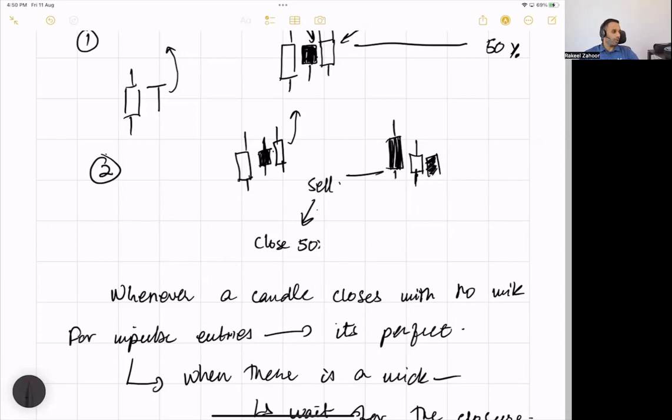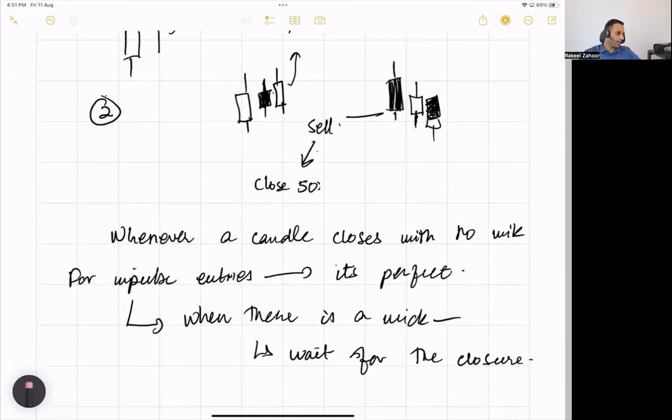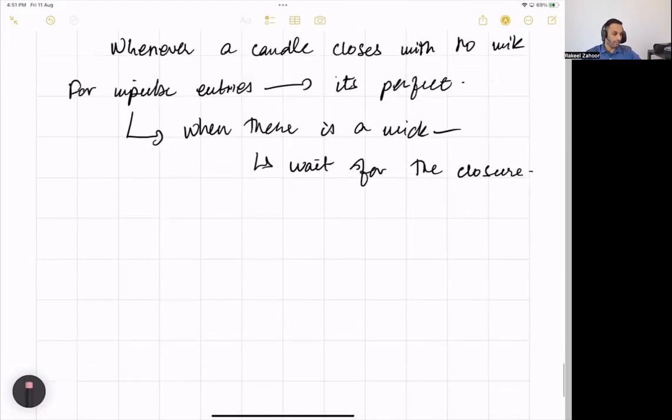I don't think you thought the question through, which is why you said any. Then the candle closes without a wick. I'm going to wait for the candle to close. If a candle closes without a wick and the previous candle has no wick, then it's an impulse entry as it starts to break the low.